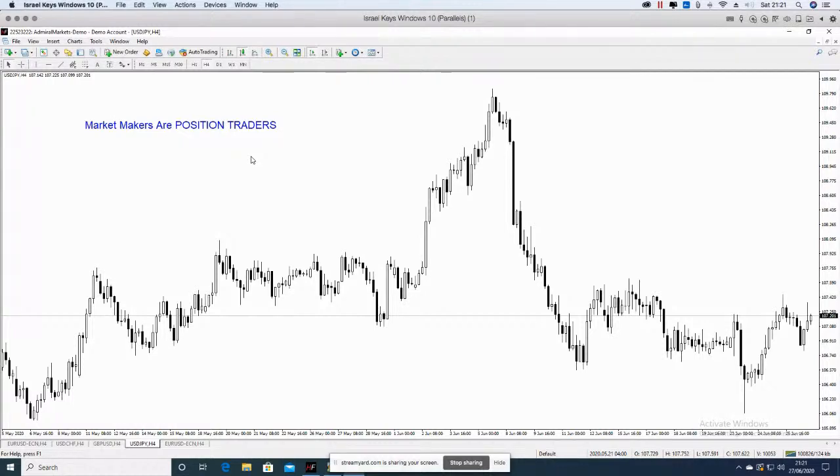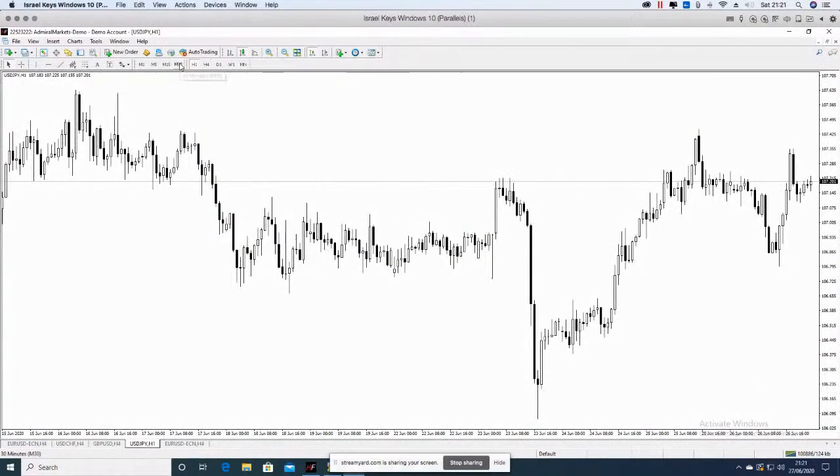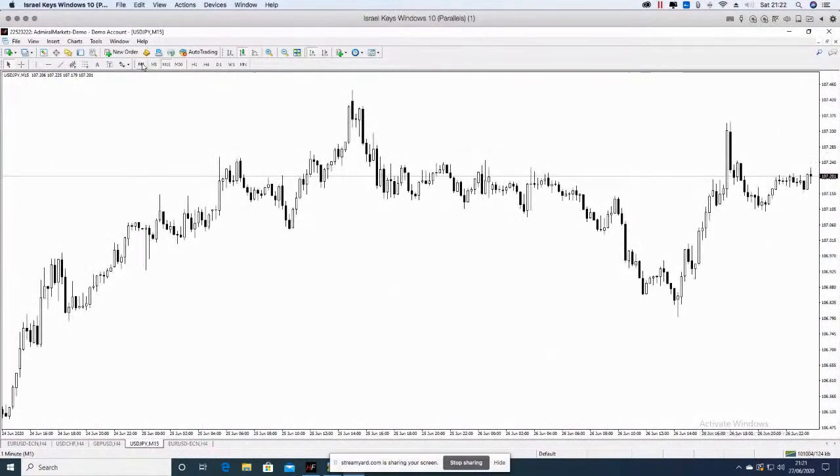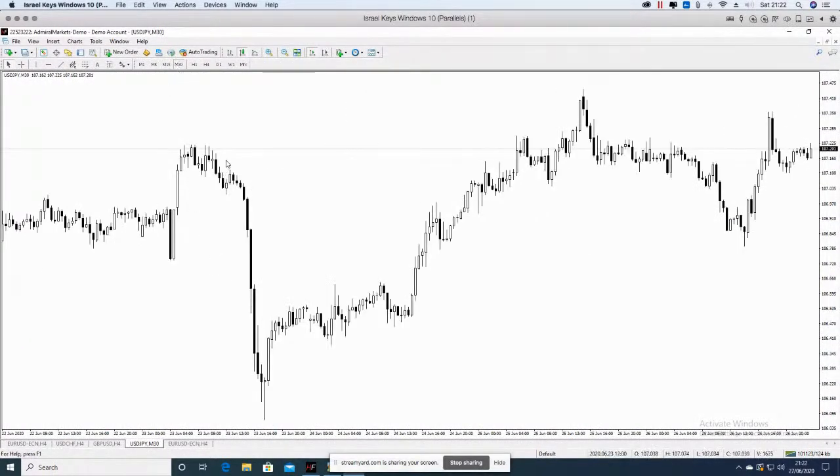When a market maker has a price objective, it is usually going to be several hundreds or even thousands of pips. You will not see that on these charts. On the smaller time frames, the 1, 5, 15, and 30-minute time frames, what you're going to see are the ripples, the retracements and expansions, the waves that are part of larger moves.